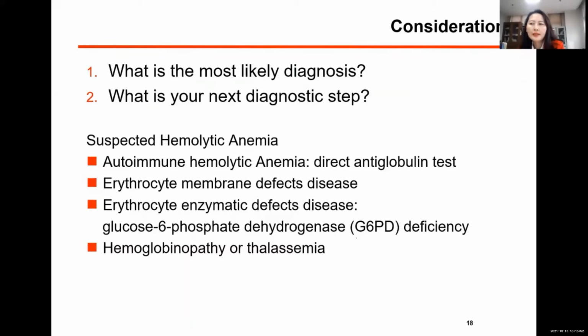Because this case is a normocytic anemia with spherocytosis and reticulocytosis, and total bilirubin, indirect bilirubin, urine urobilinogen, and LDH were abnormal, combining all of this information, the suspected diagnosis is hemolytic anemia.